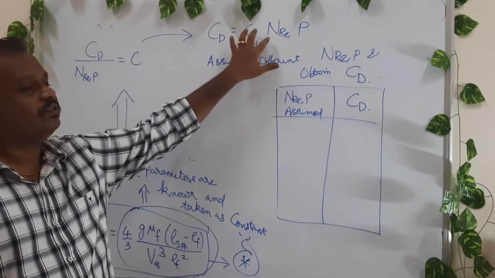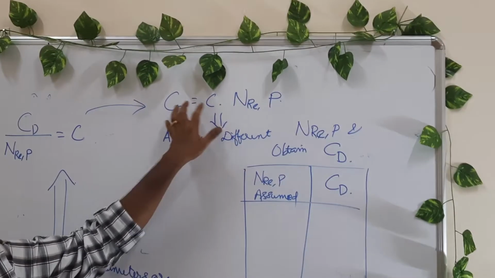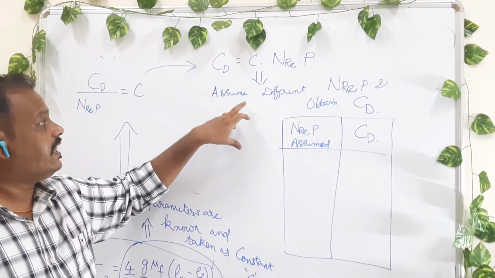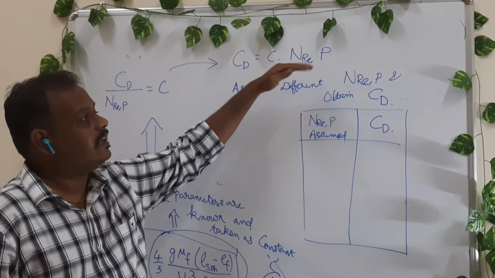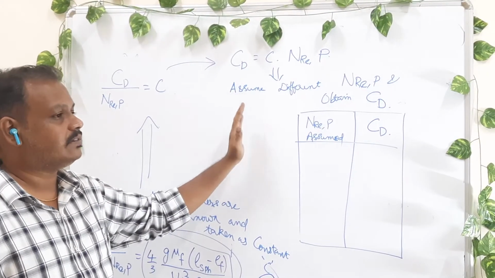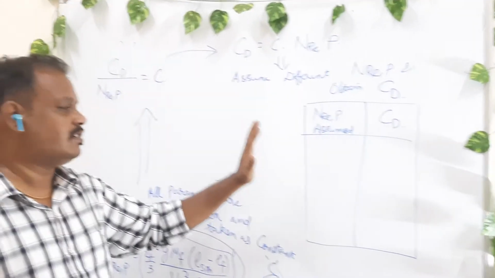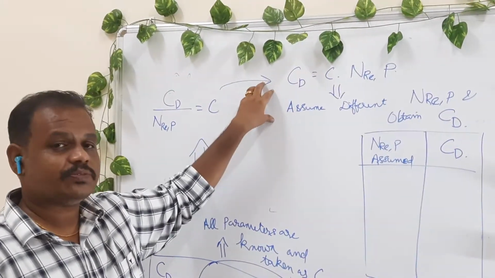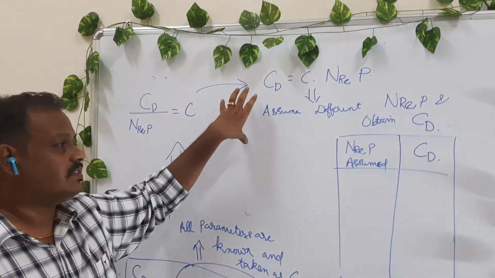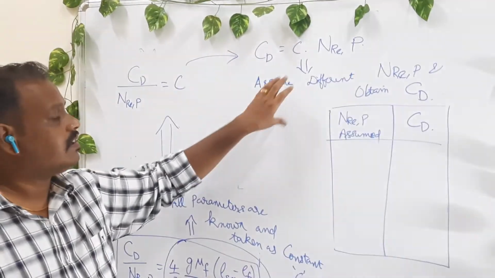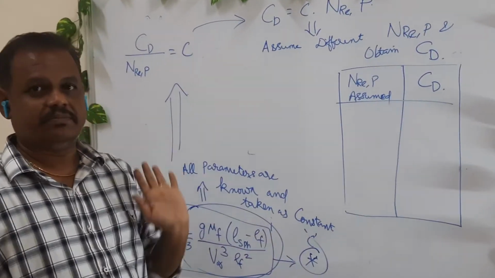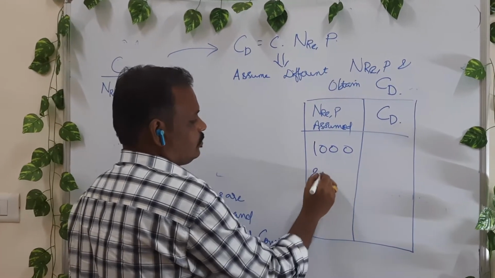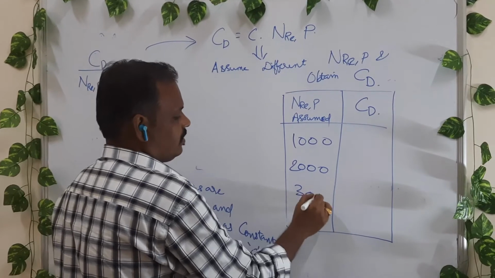So once I know this analytical relationship between CD and NRe, I can assume different NRe. For example, Reynolds number 1000, Reynolds number 2000, Reynolds number 3000. And I can evaluate the corresponding drag coefficient for the assumed Reynolds number.